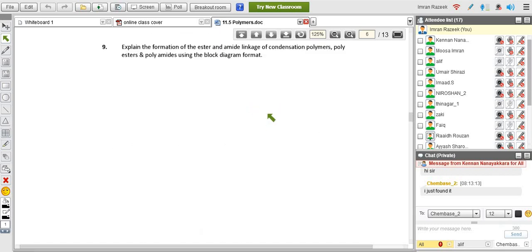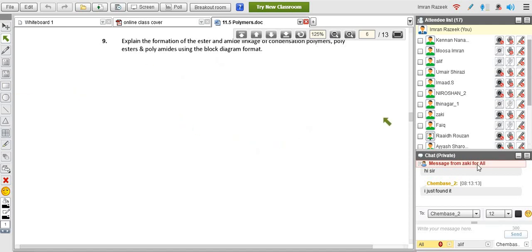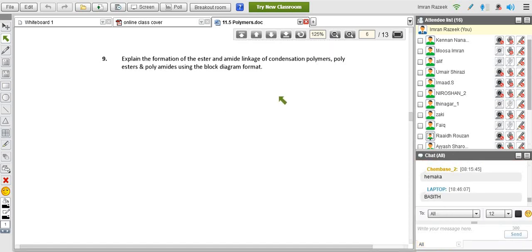Before I start question 10, did I explain question 9? We did draw the polyesters and polyamides, right? How their structures are formed in the block diagram. I explained in the last session how the ester and the amide linkage give rise to the condensation polymers.